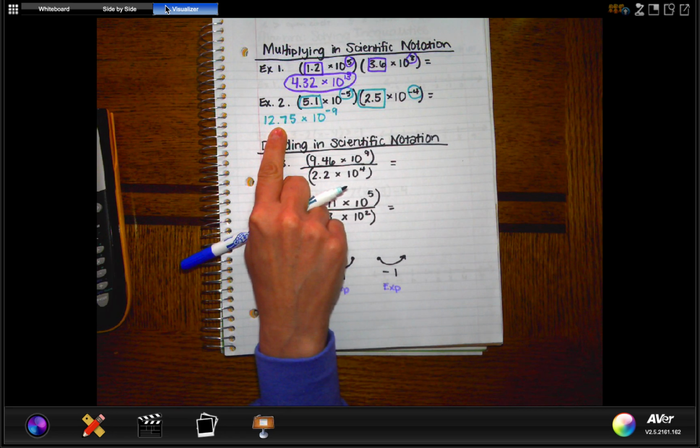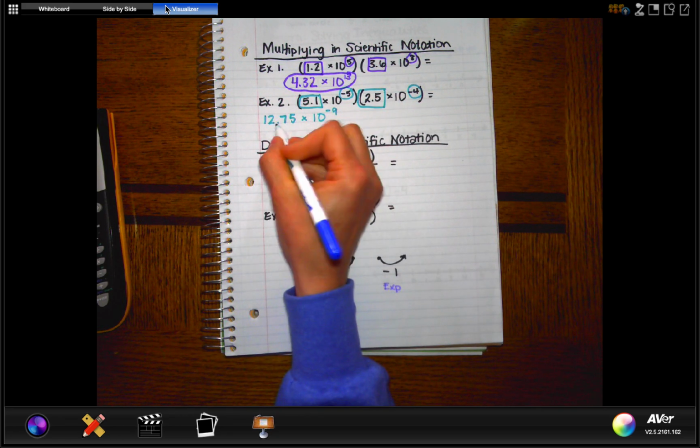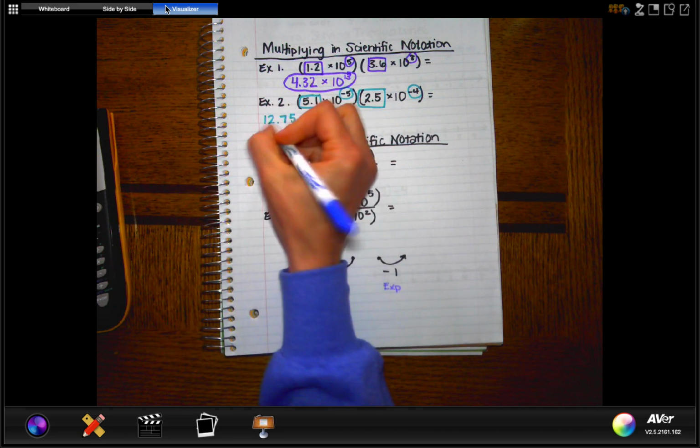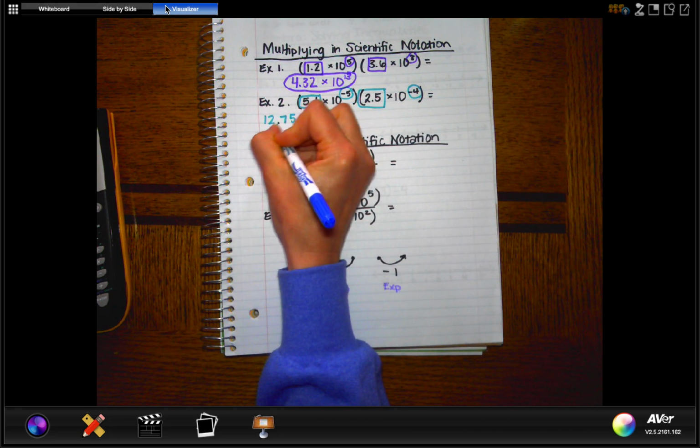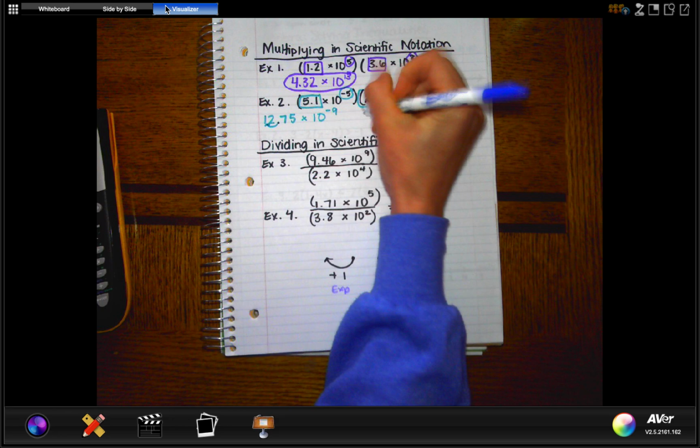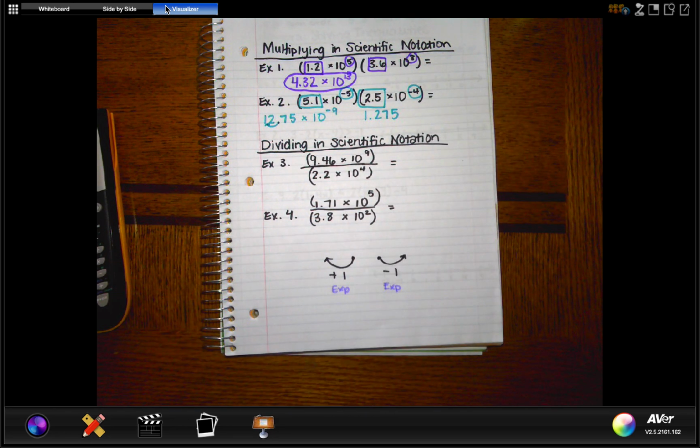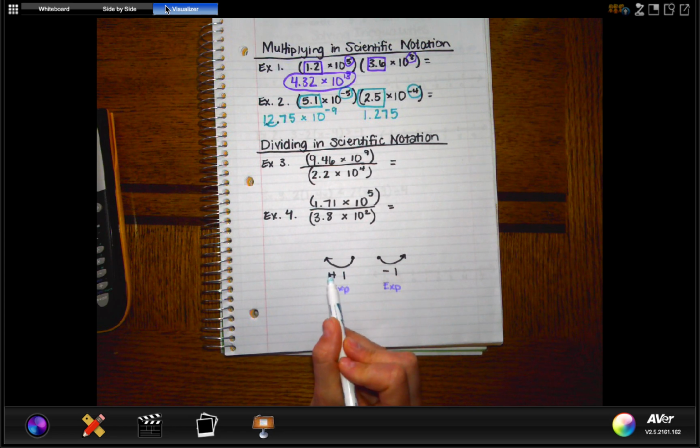Okay, now we want to look back and say, is this above 1 but less than 10? And it is not. It is above 10, so we have to adjust it. In order to get this between 1 and 10, we need to move this decimal back one spot so that it is 1.275. That's between 1 and 10. Now, if you look down here, what that means is, I went this direction, so I'm going to add 1 to my exponent.